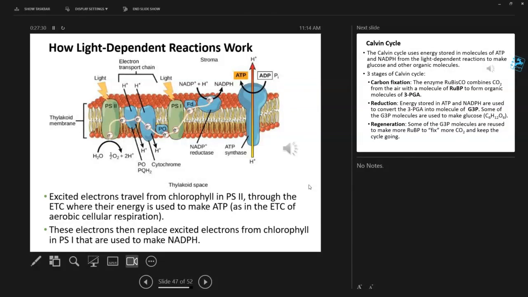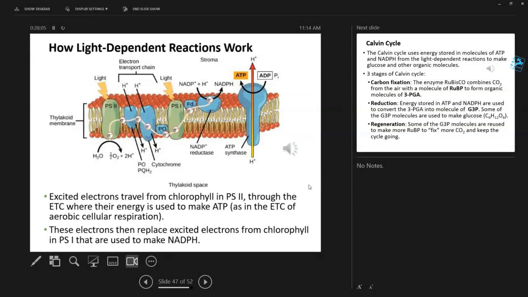But we'll need to look at some other stuff here. Why doesn't the chlorophyll run out of electrons? Their electrons, on its atoms, are being energized and jumping off. Why don't they run out of electrons? It's because water molecules are being split apart into oxygen and H plus. And H plus means it's a hydrogen ion that has lost an electron.